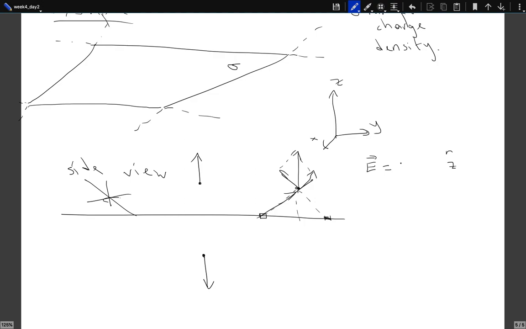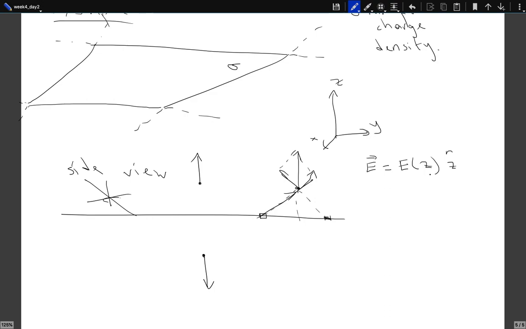It tells you that the magnitude of the electric field can only depend on z. It cannot depend on x or y. It can depend, if at all, on z. And secondly, it should be along the z direction. It's always pointing away from the plane. That we know.